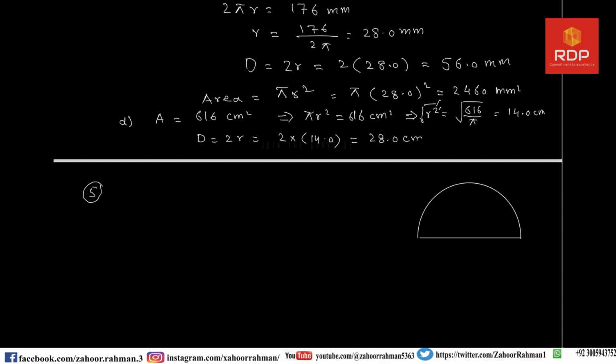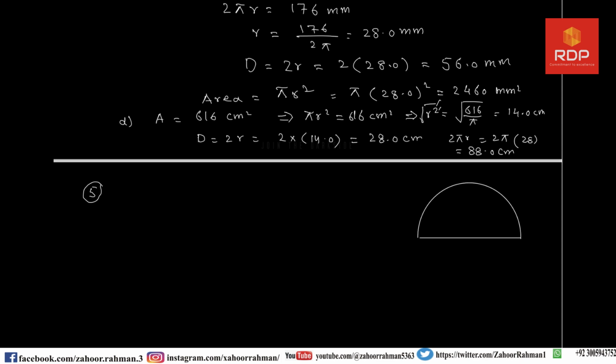Now we will find the circumference, so circumference is 2 pi r, and circumference is equal to 2 into pi into 28, and when we calculate it we will get 88.0 centimeter. Okay, that's it for the first question.